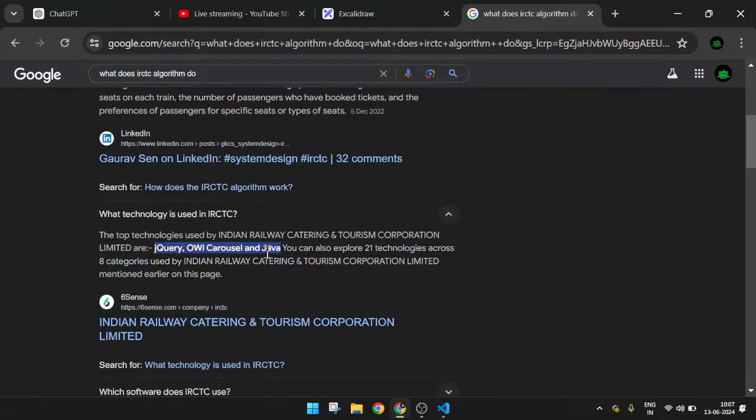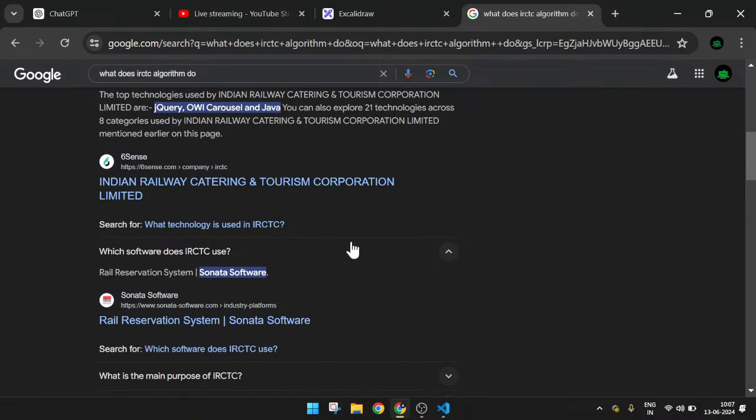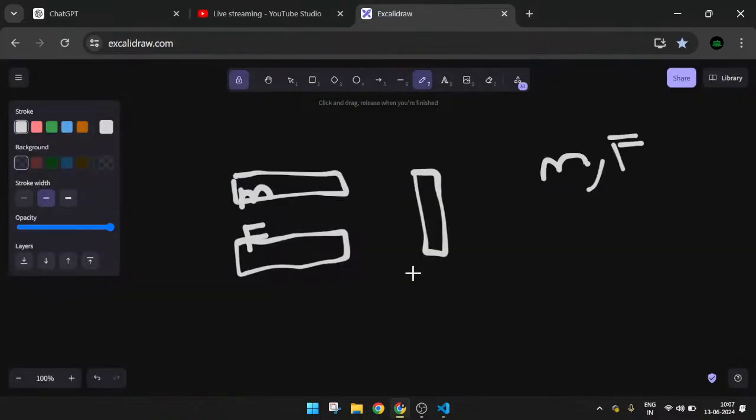Okay, let's get back to our work. So I just have this information that this algorithm doesn't allow a male and a female to face each other.